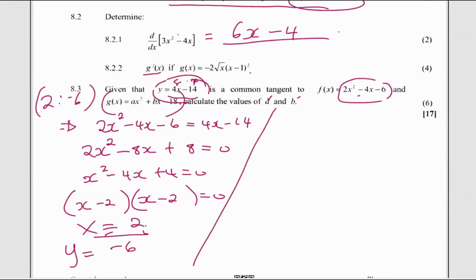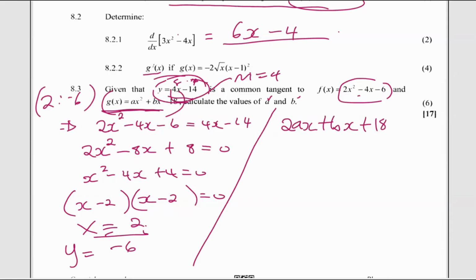At the point of meeting, the gradient of this graph should be the same as the gradient of this. And the gradient here is 4. Meaning let's get the first derivative here and then we equate it to 4, first of all. So I'll say my first derivative is going to be 2ax plus bx plus 18.